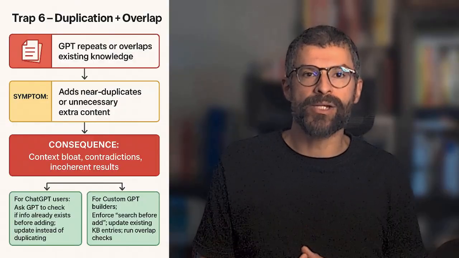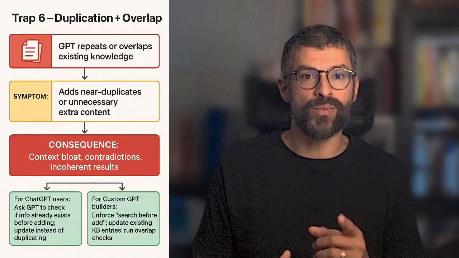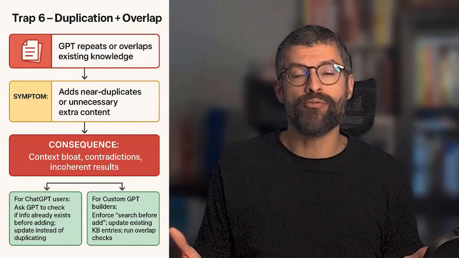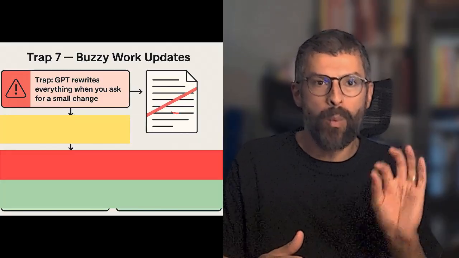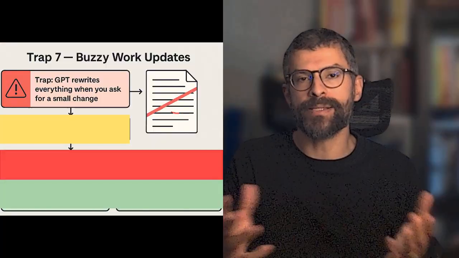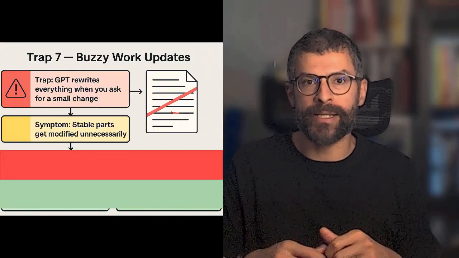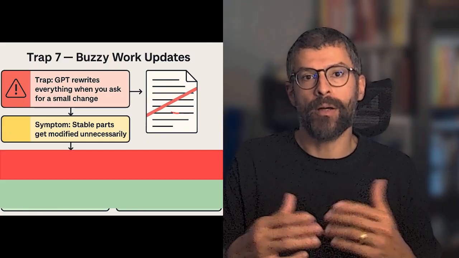But even if duplication doesn't get you, the final trap is worse because ChatGPT tries to help and ends up breaking what was already working. Trap 7 is what I call buzzword updates. You ask ChatGPT to tweak one little thing and it rewrites everything. It's like asking a handyman to tighten one screw and he rebuilds the whole shelf, only now it wobbles.